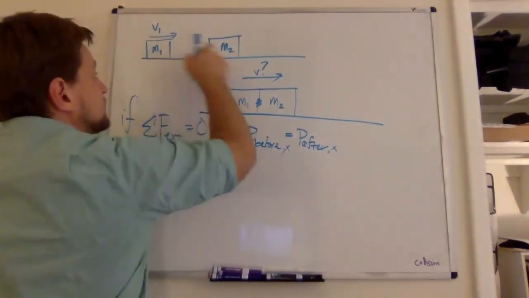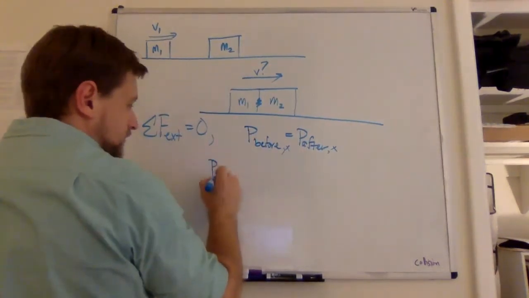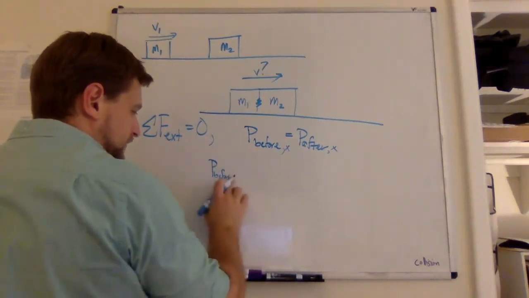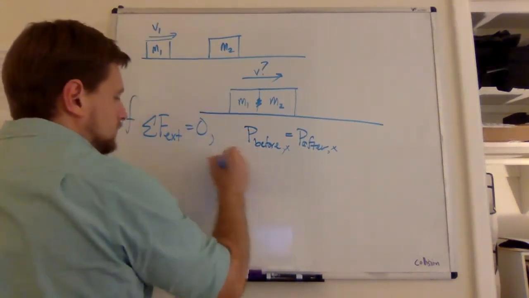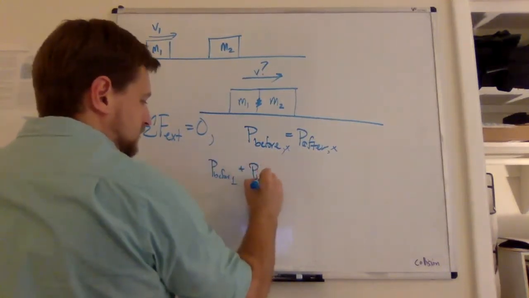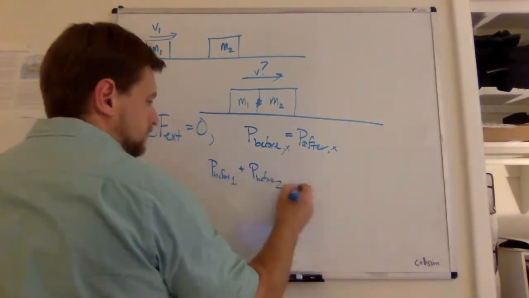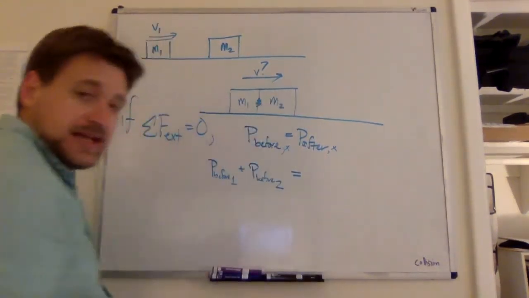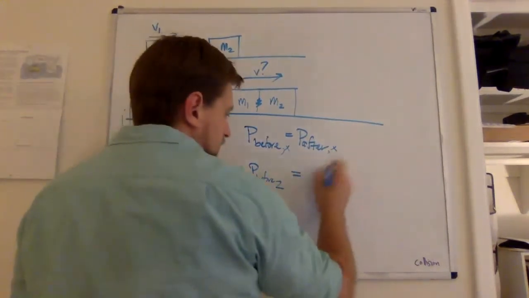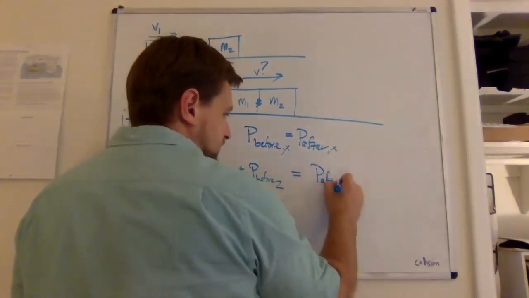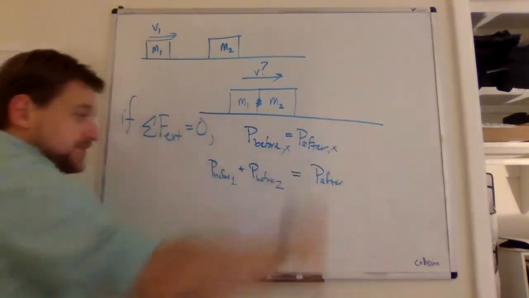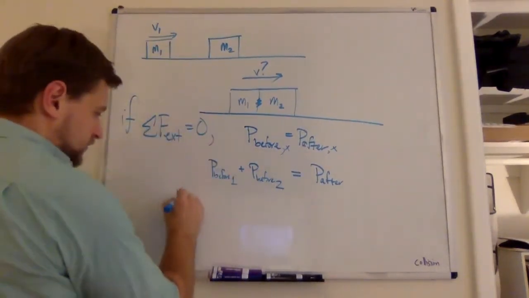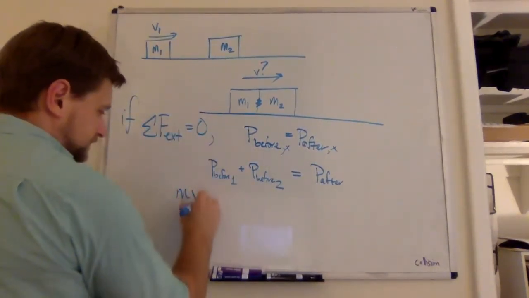Before the collision, there are 2 masses. We've got the momentum before of 1 and the momentum before of 2. Afterwards, there's really only one combined object. I'm just going to say it's the momentum after of 1 and 2 together. Before the collision, mass 1 is moving to the right with speed v1.